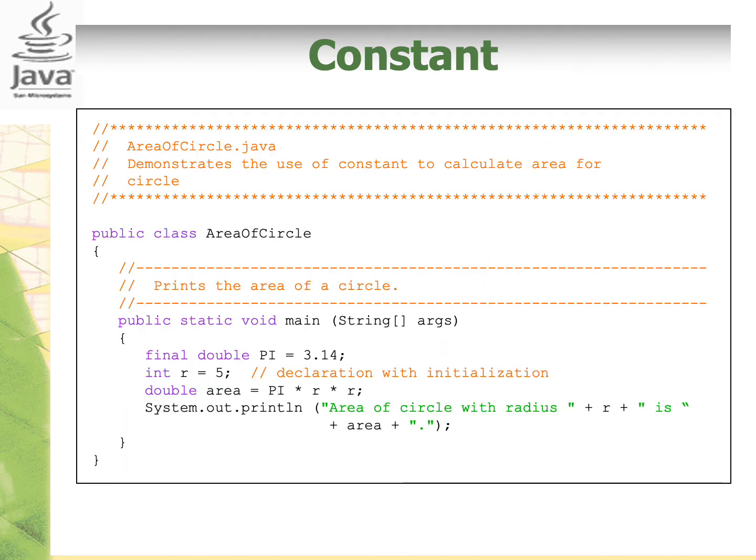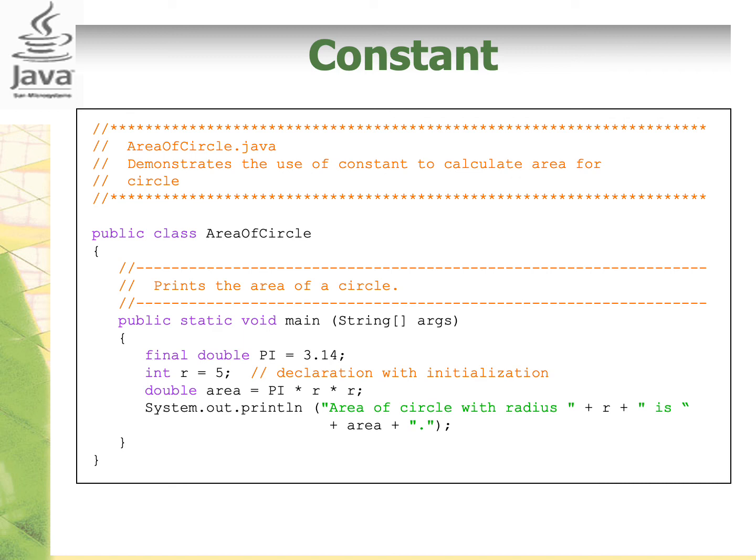Let's look at this example of a class called AreaOfCircle. It declares and initializes the constant PI, type double, to the value 3.14. Similar to any calculation, the constant can be called and used at any part of the code. Here we have area equal to PI times r times r.